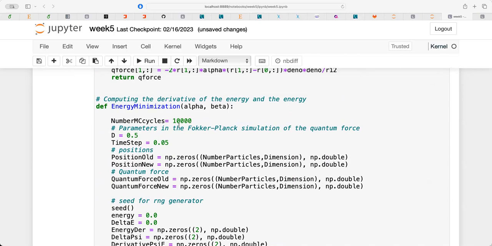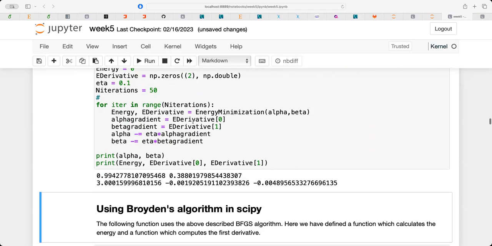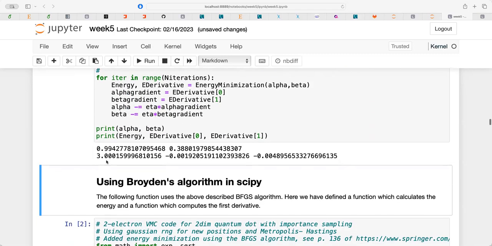So I did this 100 times, 1 million times 100 times. I actually did 10,000 iterations. I should say that the exact value is 3. This is an amazingly good result. These are the optimal parameters, and with that, I would then start my Monte Carlo machinery with these values and perform the big calculation.